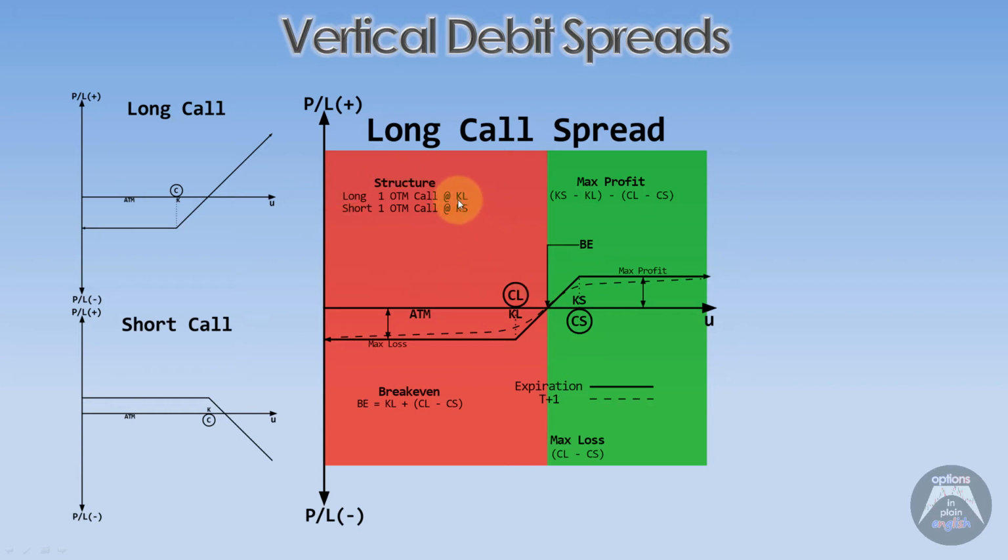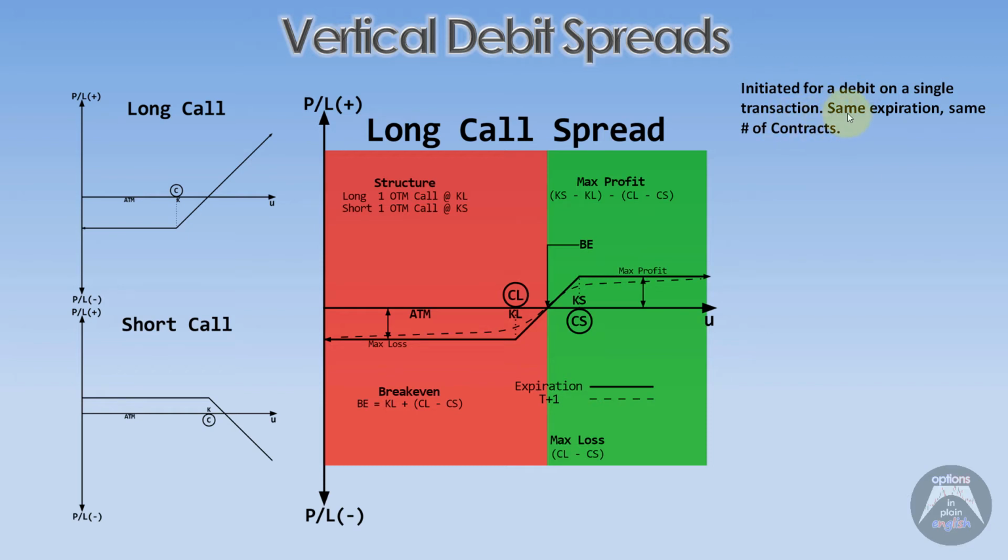Again, the structure is long one out of the money call at KL and short one out of the money call at KS. Both of them together, that would be a long call spread. So to summarize, a long call spread is initiated for a debit on a single transaction.